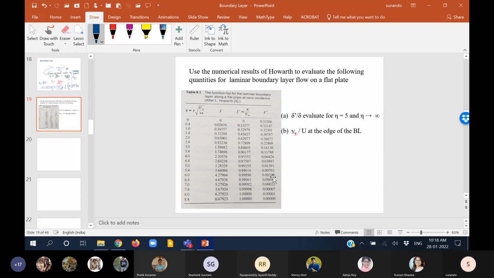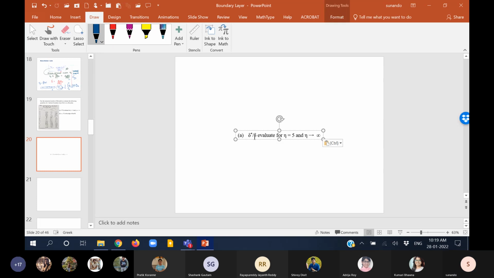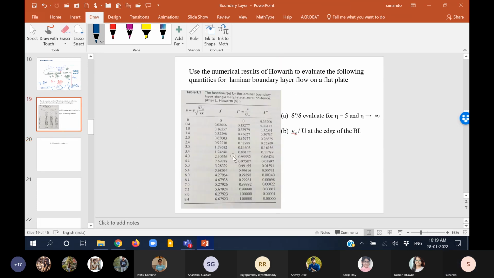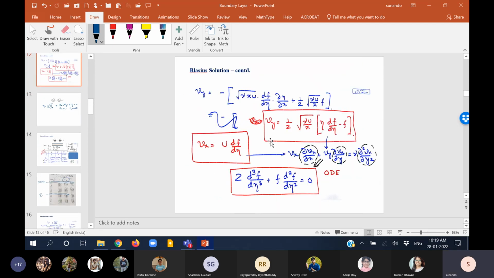The first part, A. And the definition of delta star, I'll reproduce for you.